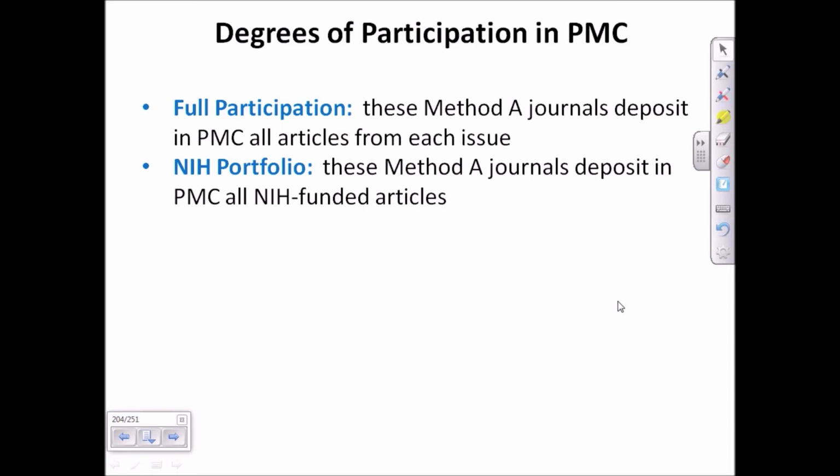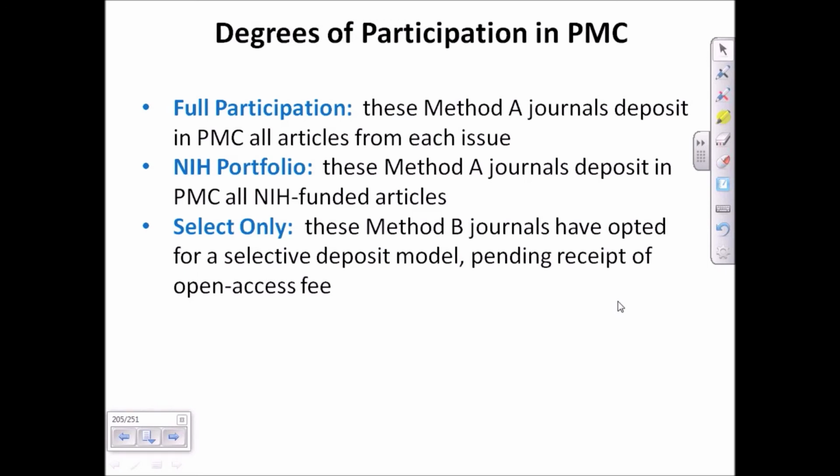That means that they deposit only the NIH-funded papers. So full participation, they put every paper in there. NIH portfolio journals will only put in the NIH papers into PubMed Central. But it's still Method A. So these are both Method A journals, but they just have different degrees of participation in PubMed Central.